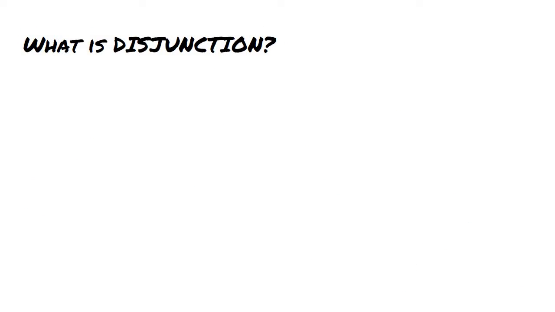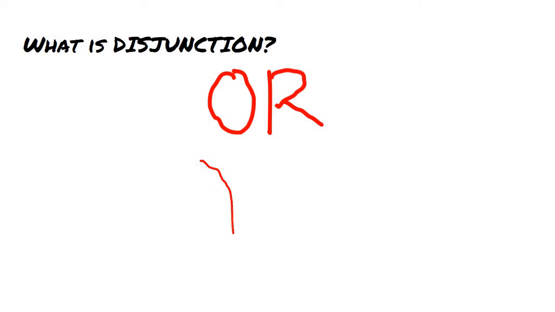Next, what is disjunction? The keyword for this is usually OR. The visualization for the OR is a parallel configuration.